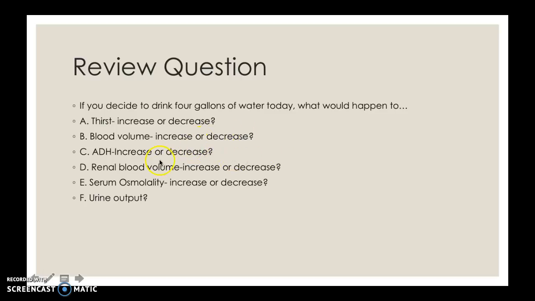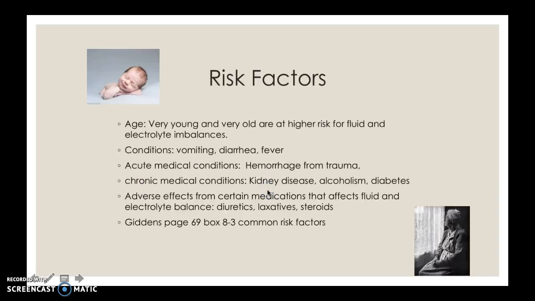So your blood volume's going up, your renal blood volume would also go up. Serum osmolality. It's how concentrated your blood is, the plasma part of your blood. If you drank water, it would dilute it, so it would go down. Urine output. You would expect it to increase. Okay, that's all.